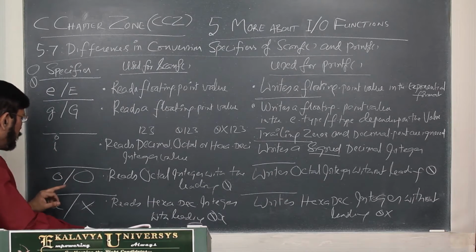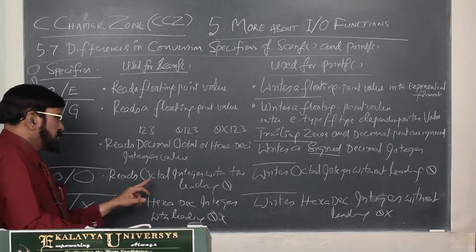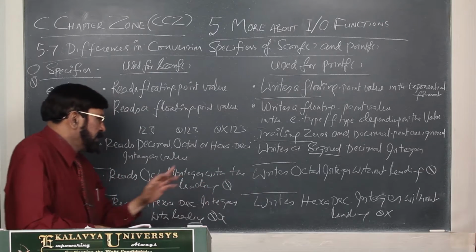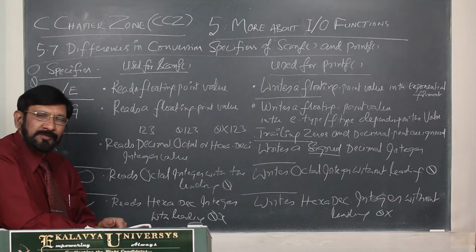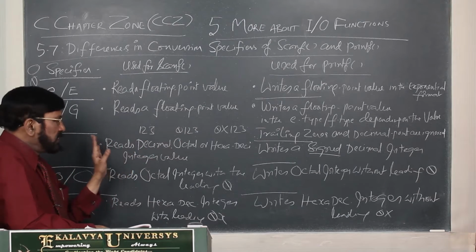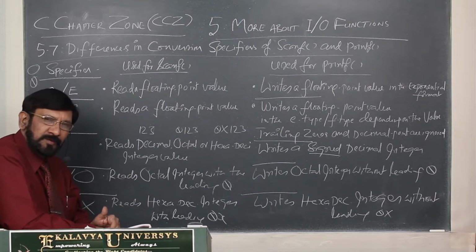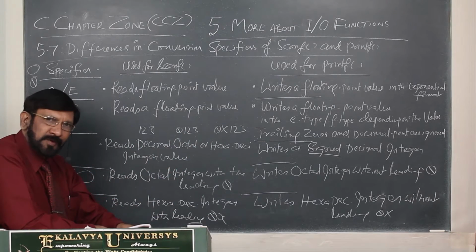So, now come to o, either lowercase or uppercase. Reads octal integer with the leading 0. Actually, if you want to read any octal value you have to give it like that. Simply, if you enter an octal value without it, it is taken by scanf as a decimal value only.